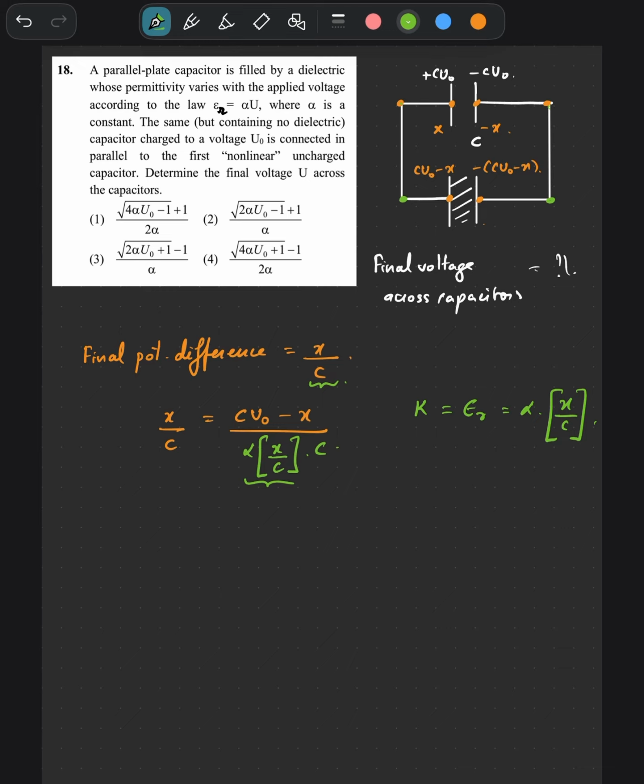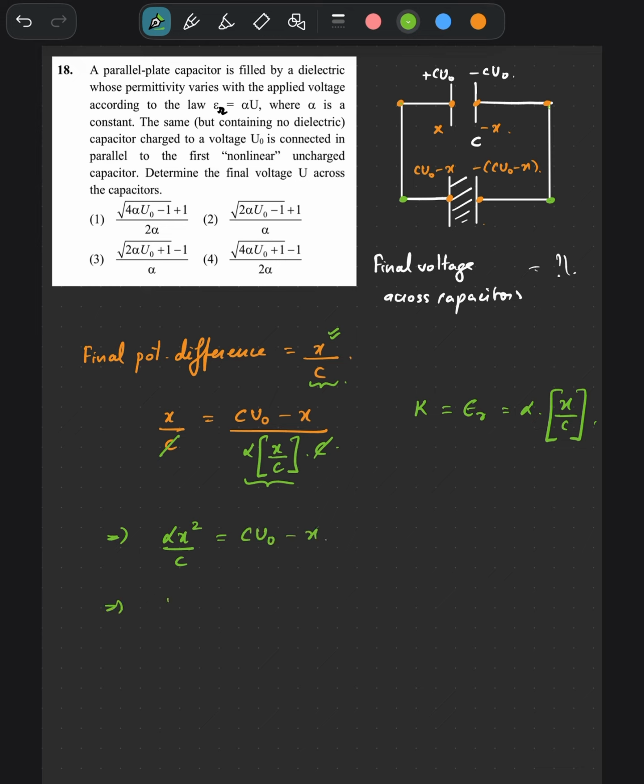Now x is an unknown. If I'm able to find x, I'll substitute it and find the final voltage. So we'll solve for x from this equation. C here gets cancelled, so our equation becomes alpha x squared by C is equal to CU naught minus x.